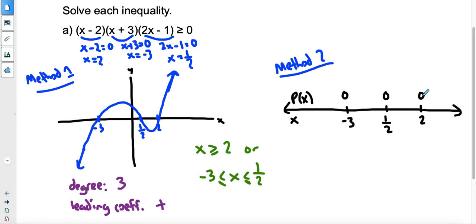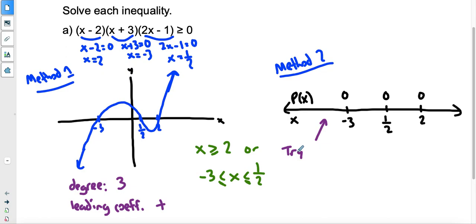And now the way the sign line works is, in each of the four regions I have here, I'm going to want to try plugging in a value of x into our polynomial. So let's look at the region here where x is less than negative 3. I'm going to want to plug in a value of x that's less than negative 3 into our polynomial.